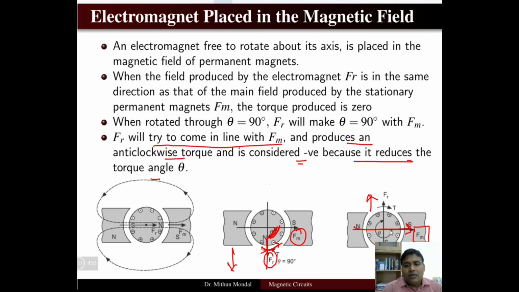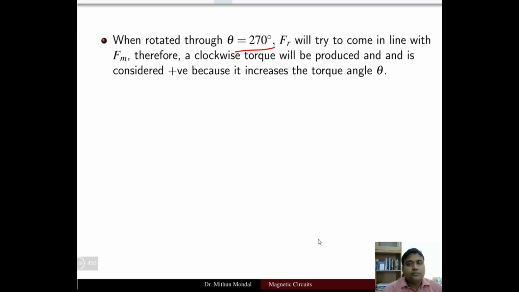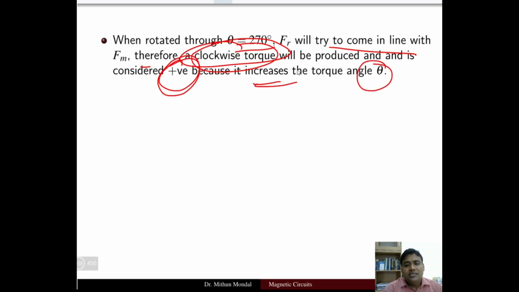And the direction of theta is measured in the anti-clockwise direction, so FR will try to come in line with FM, therefore a clockwise torque is produced and it will be considered positive because the torque angle theta is increasing now.